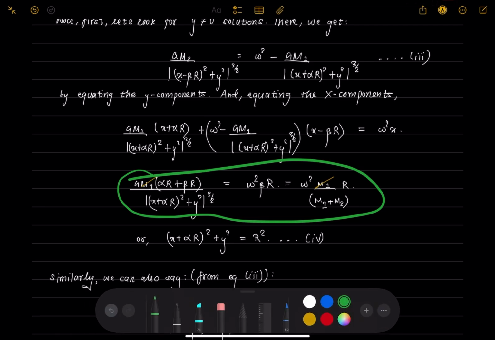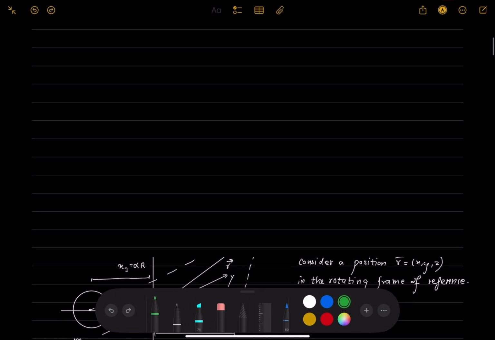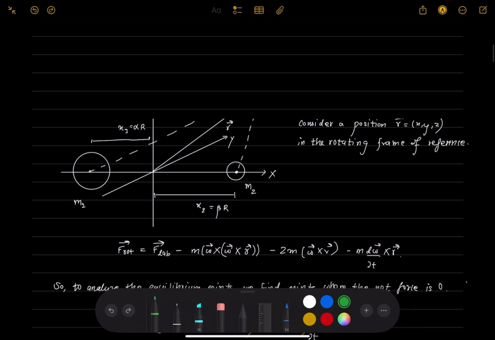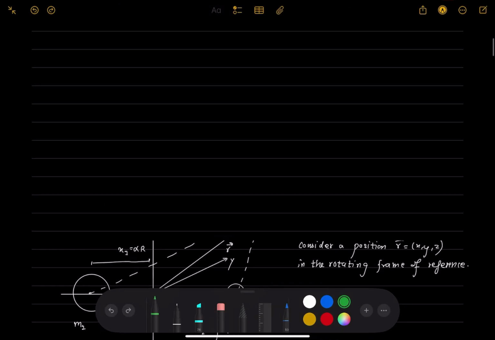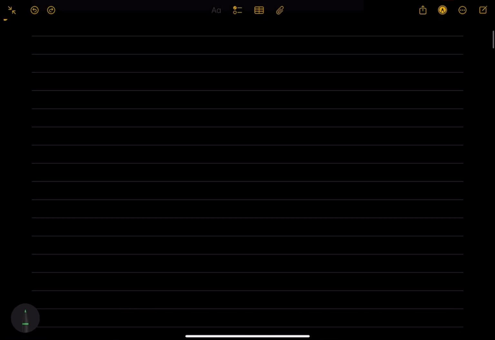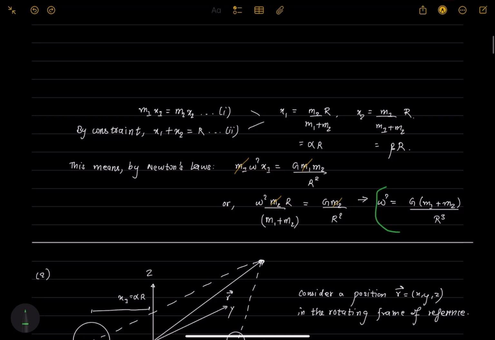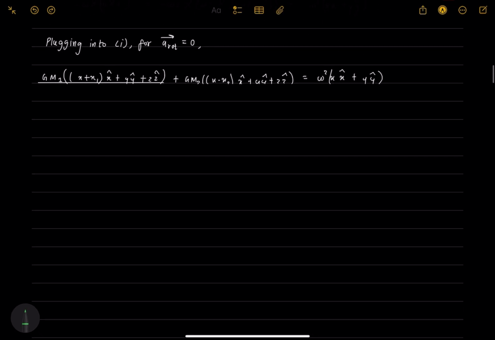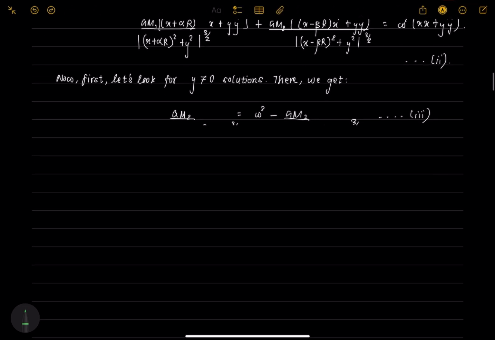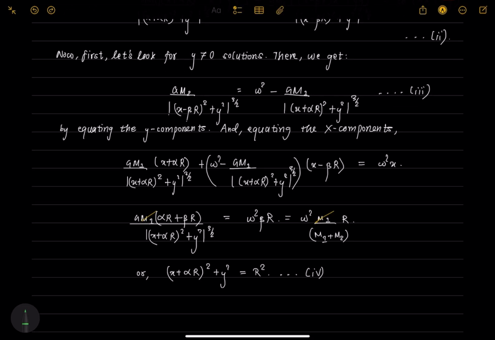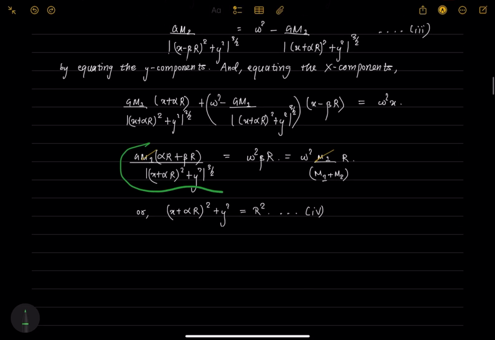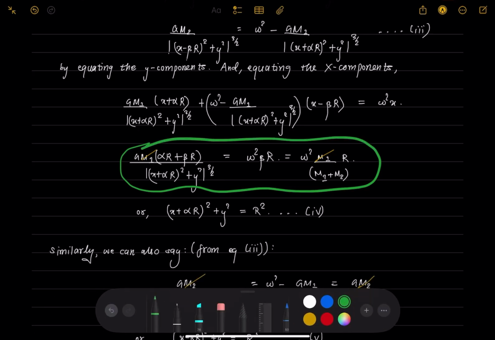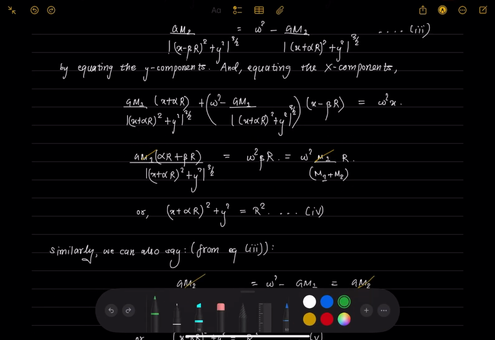And now we use the definition of omega that we obtained in the first part of the problem, which is given by this, right? It's just G times the total mass divided by r cubed. So we use that in the equation which we obtained by equating the x components. Once we use that definition for omega, we actually obtain this particular solution for x and y.